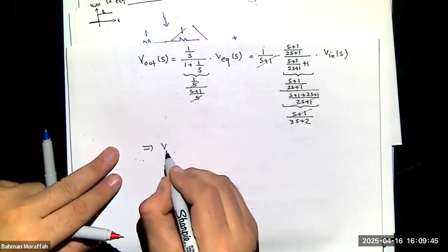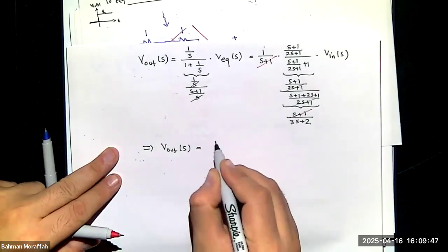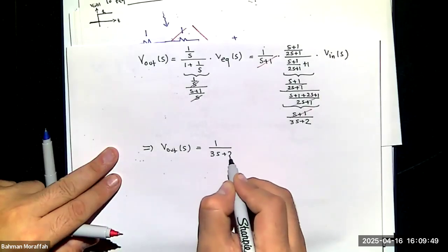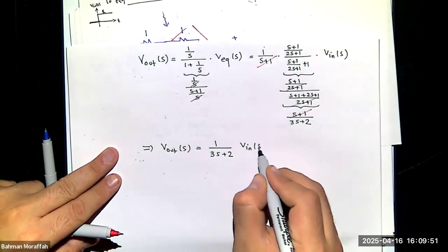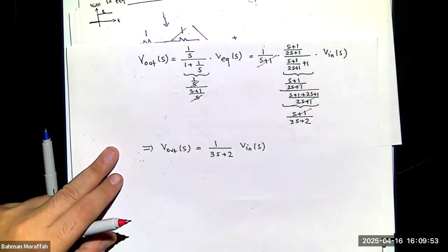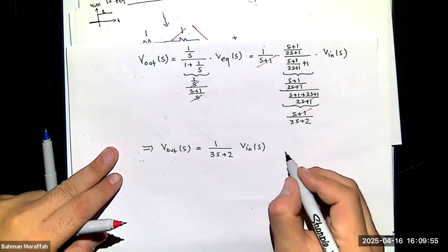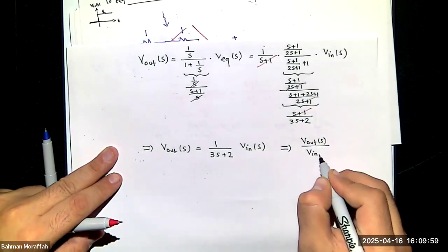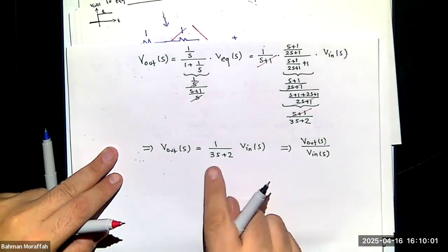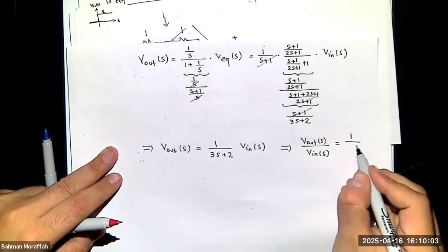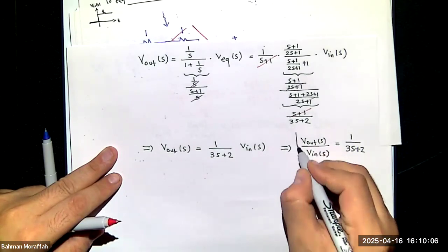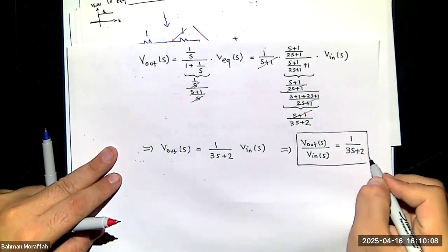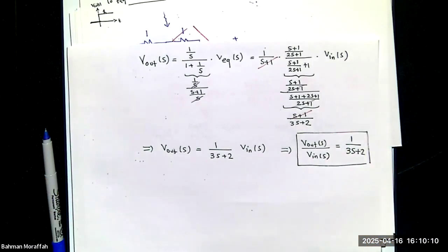So my Vout of S is 1 over (3S plus 2) times Vin of S. Right? What is Vout of S divided by Vin of S? That's this, 1 over (3S plus 2). Right? So this is my transfer function.